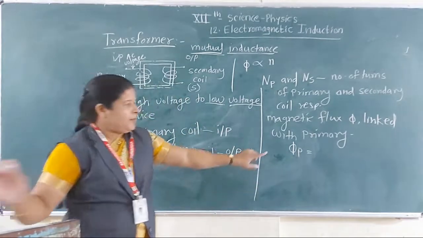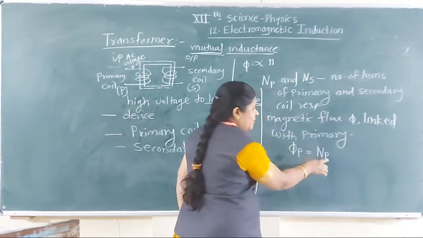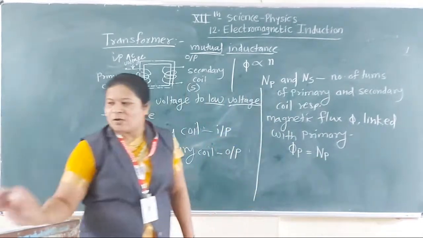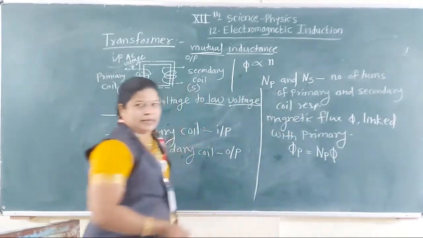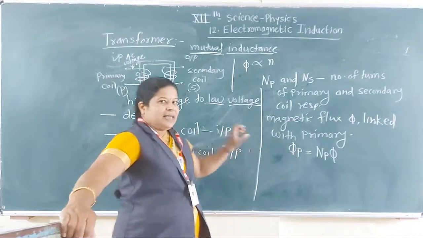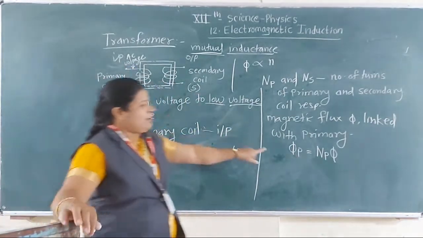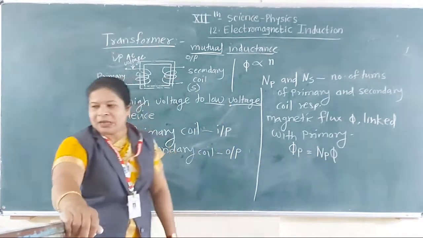Phi p is equal to NP, the number of turns of the primary coil, times the magnetic flux linked with it. So we get the magnetic flux linking with the primary coil, phi p is equal to NP into phi.